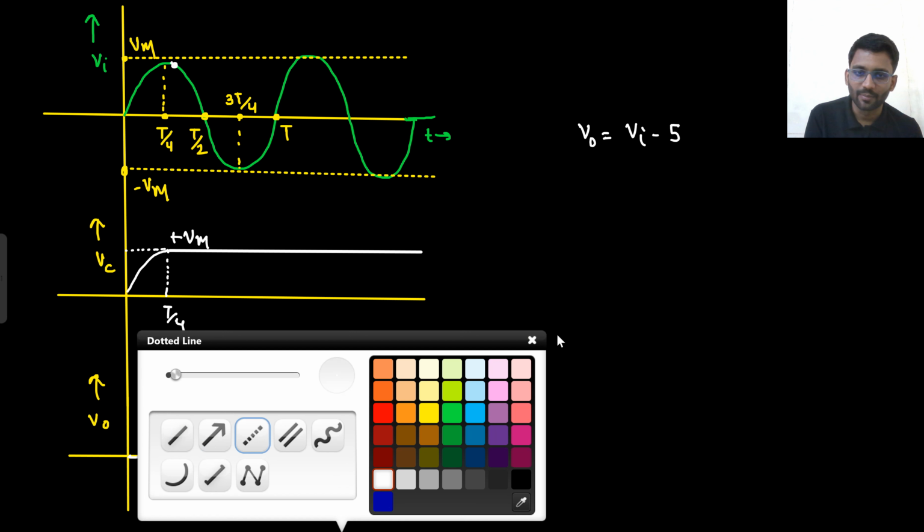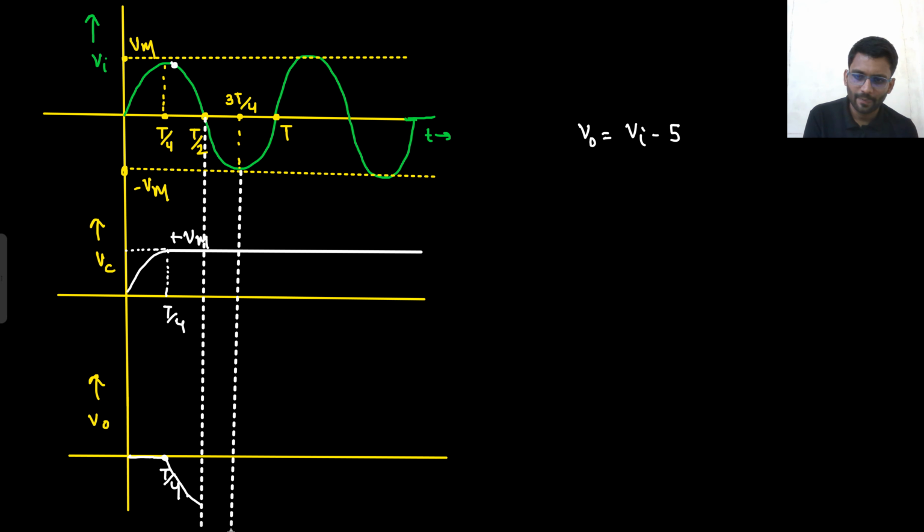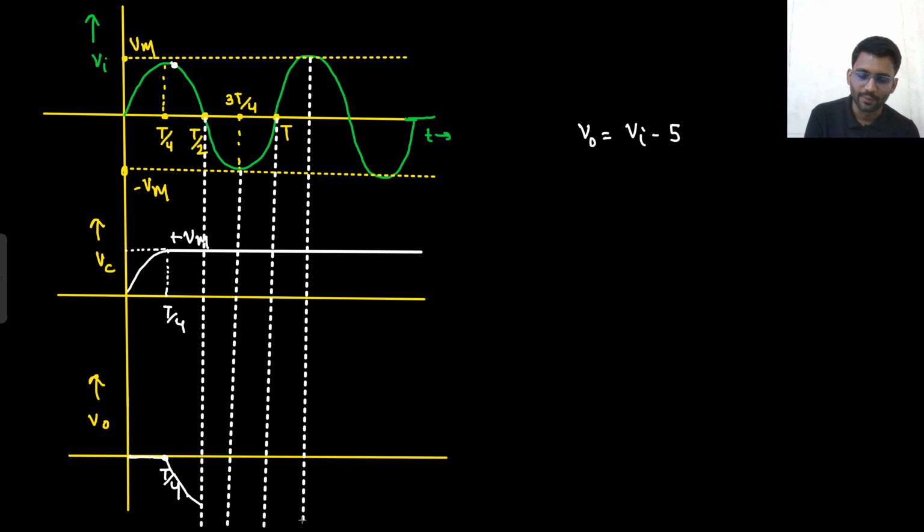So let's first make the points, then it will be easier. And at plus 5, it will again go to 0. I guess it will be a tough task to make the waveform.